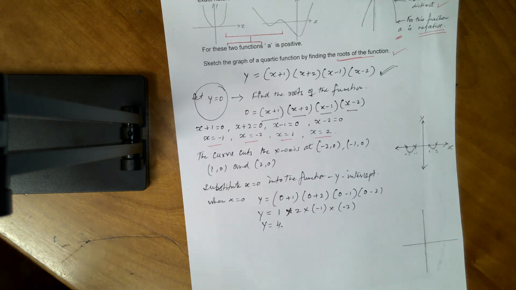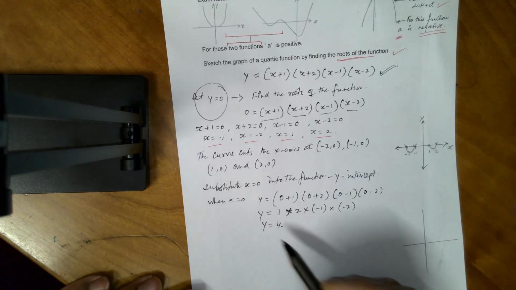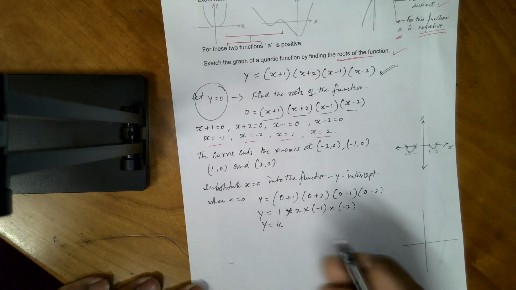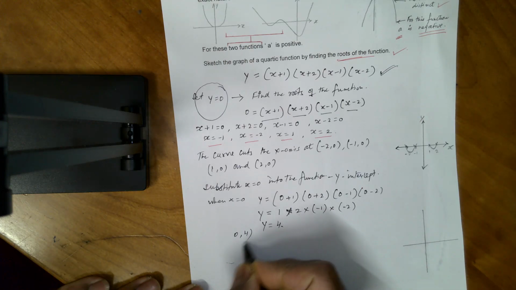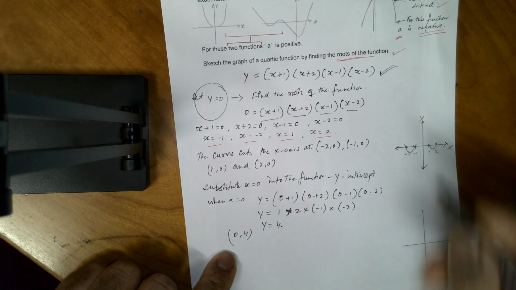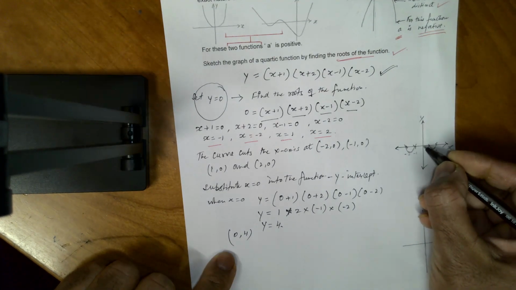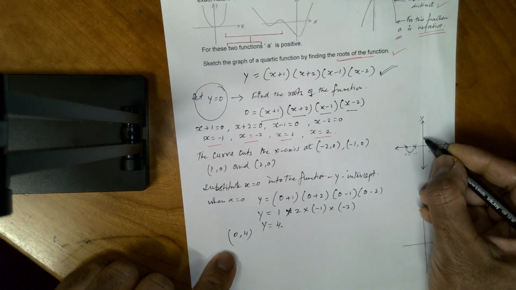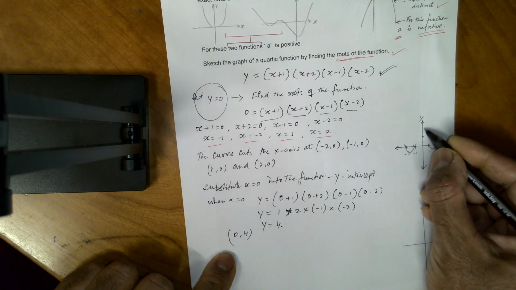So you see, you got your x and you got y, so that is your coordinate: 0 and 4. So the curve cuts the y-axis at 0 and 4. That will be here. That's your 0, and that's your 1, 2, 3, 4.